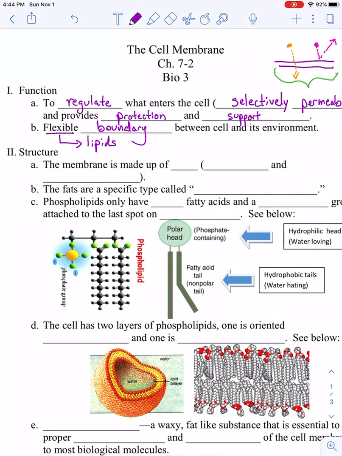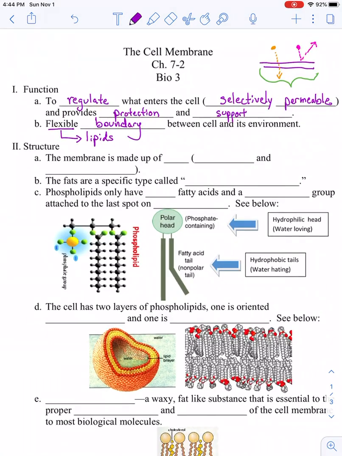Now, that said, some cells have a cell wall which helps to provide rigidity and kind of counteracts that flexibility in a way, but animal cells don't have cell walls, and so their flexible boundaries can be felt. If you touch your skin and provide a little bit of pressure, you can feel that it moves, right? You're squishy.